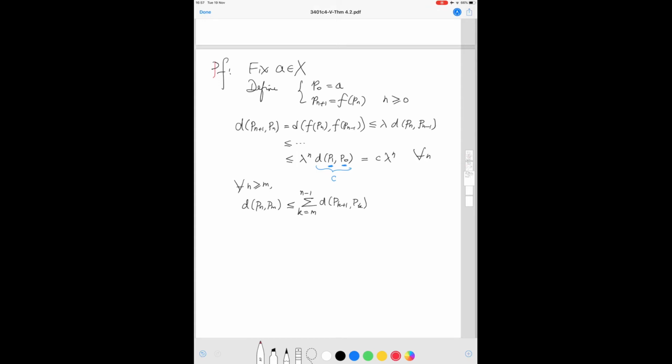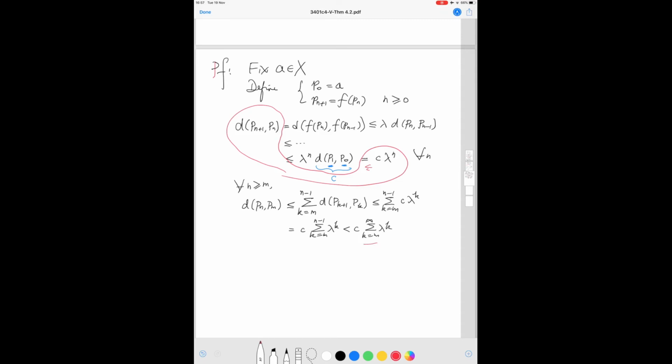And by this inequality, you know that each term is less than or equal to C times lambda to the k. Now C is a constant, you can take it out, and certainly this is less than the sum over k from m to infinity of lambda to the k.